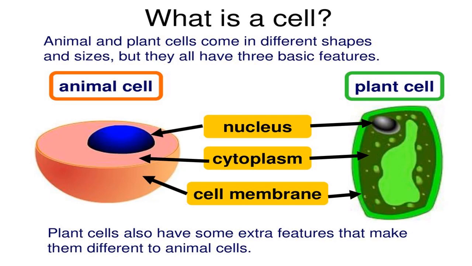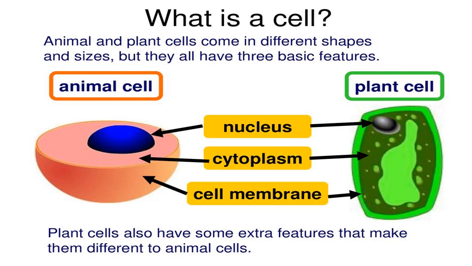Let's read this. What is a cell? Animal and plant cells come in different shapes and sizes, but they all have three basic features. So children, here are three basic features common for both animal and plant cells, and not only animal and plant cells, but also microorganisms.